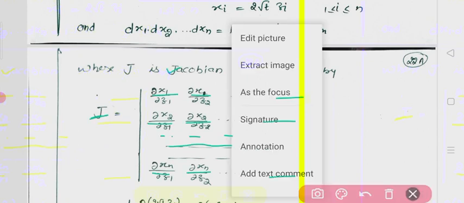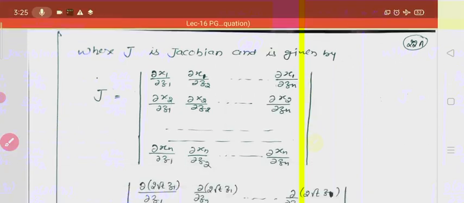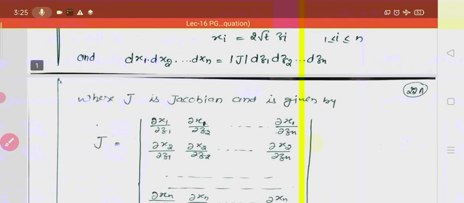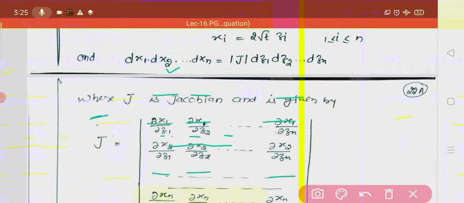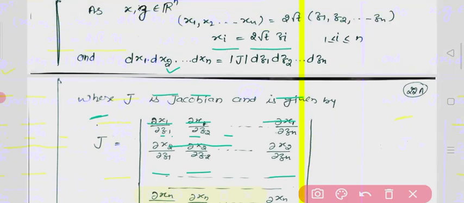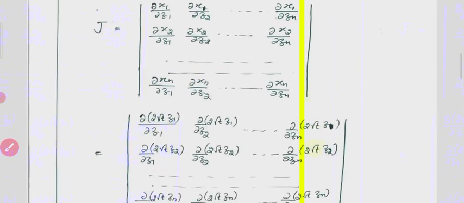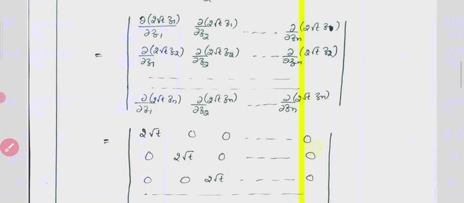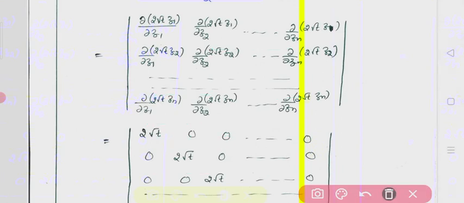You can see here that xi is 2 root t zi. So x1 will be 2 root t z1, x2 will be 2 root t z2. So we place the values over there: x1's value in the first row, x2's value in the second row, and xn's value in the nth row.